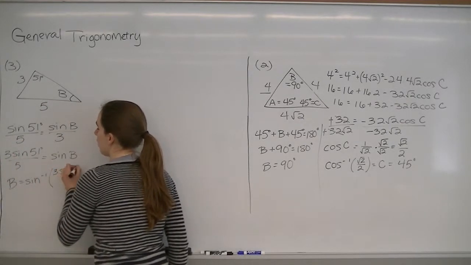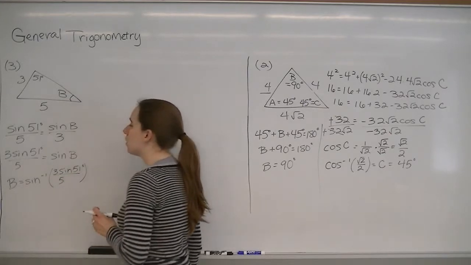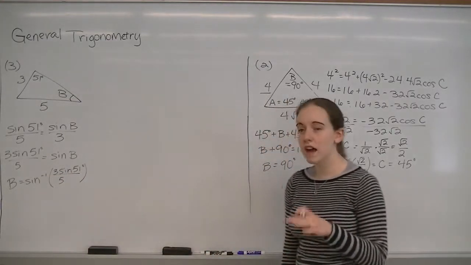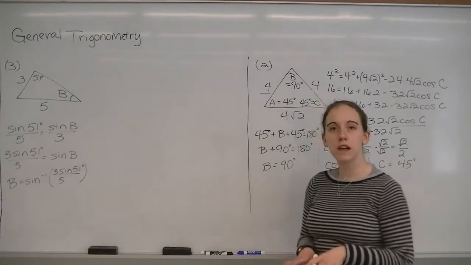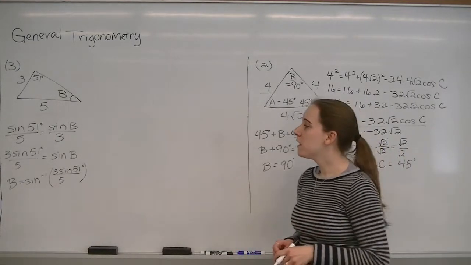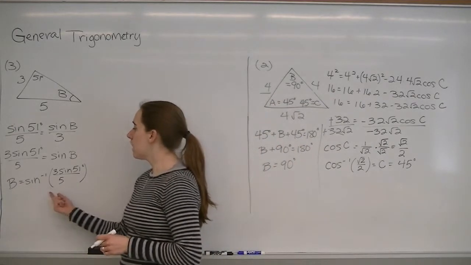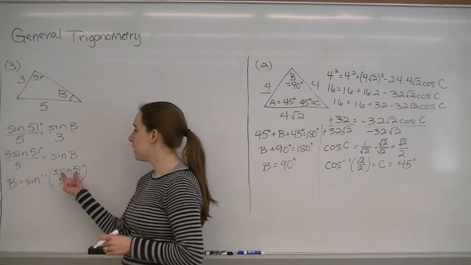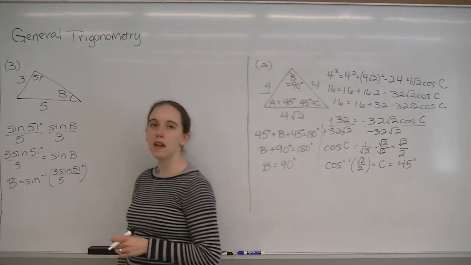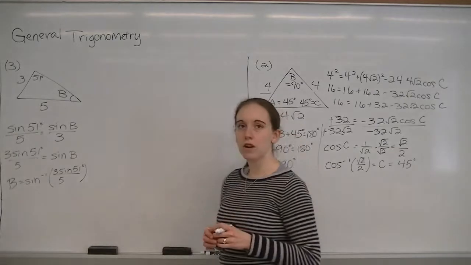And we don't know the sine of 51 degrees. It's not one of our special angles. So we can just leave it like this. Again, if you had a calculator, you could plug it in. Make sure that you're working in all degrees or all radians. This is in the domain of sine inverse because this is going to be between -1 and 1, and I'm multiplying it by 3/5. So that's still going to be between -1 and 1.